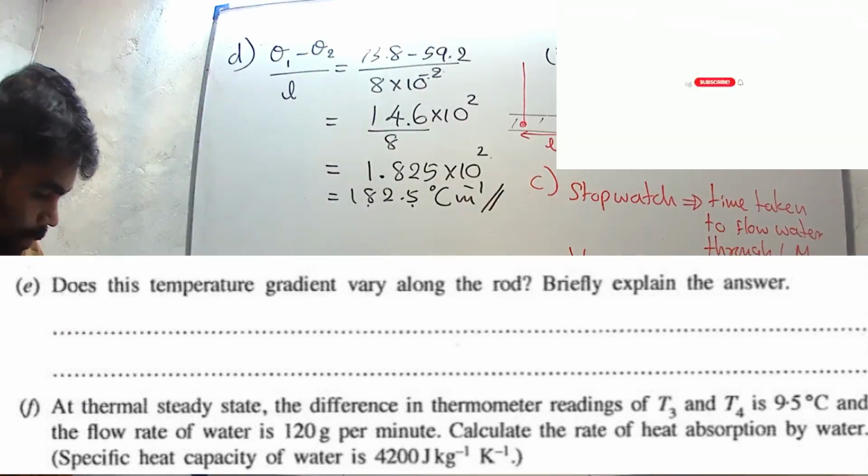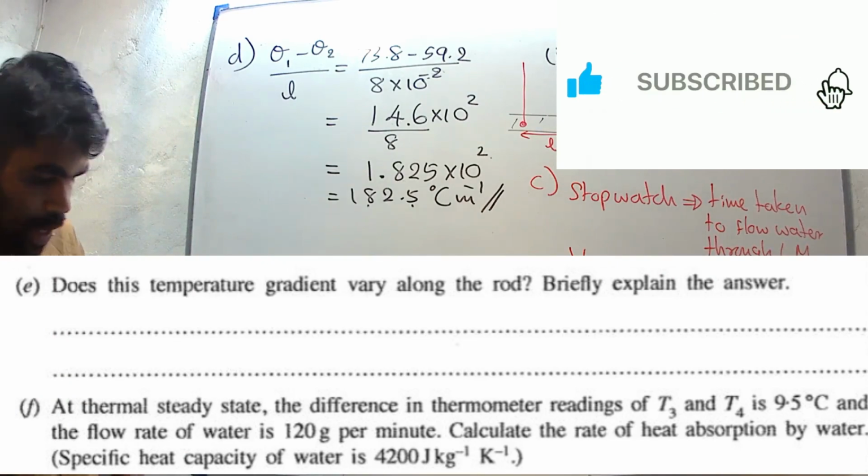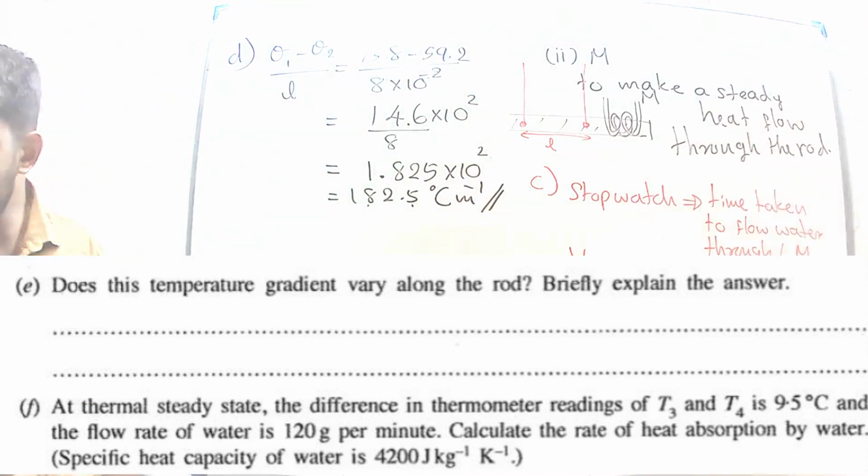Then part E: does this temperature gradient vary along the road? Briefly explain the answer.